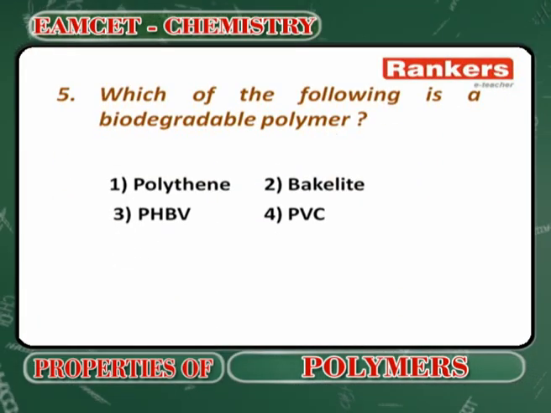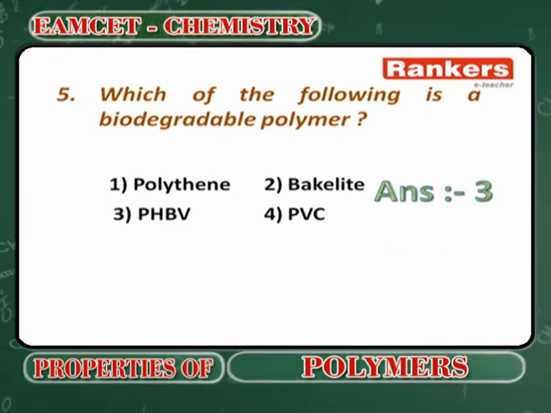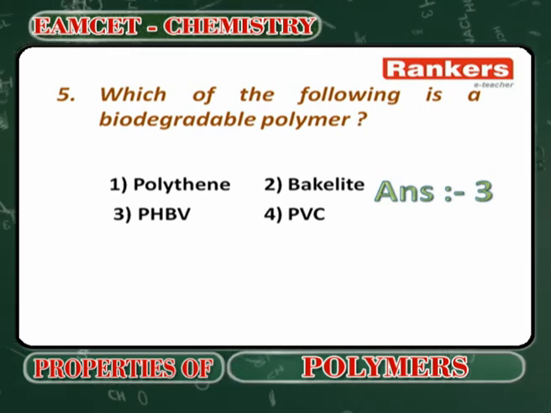Which of the following is a biodegradable polymer? Nowadays, which polymers are degradable and which are not is a very current topic. Environmental pollution is because of the usage of most of these polymers.